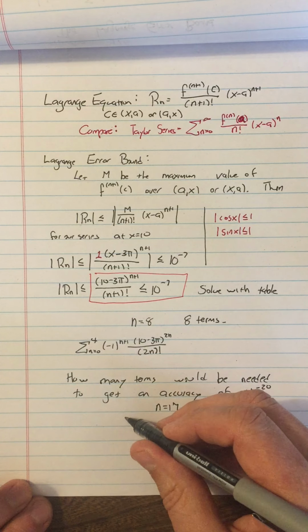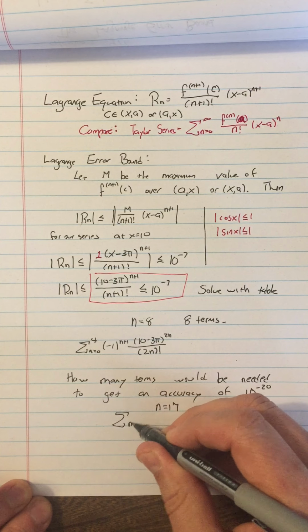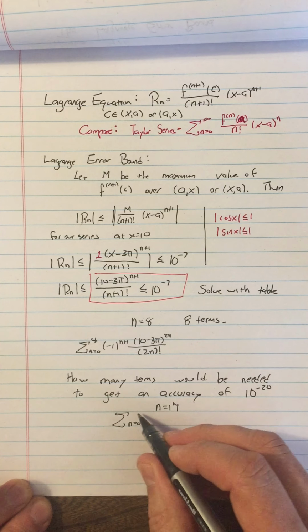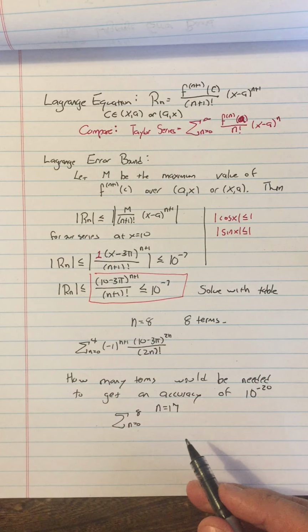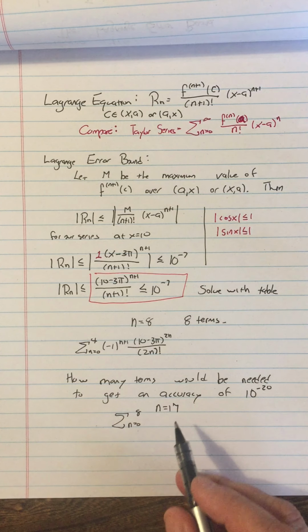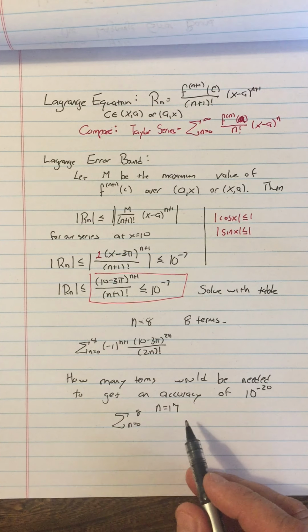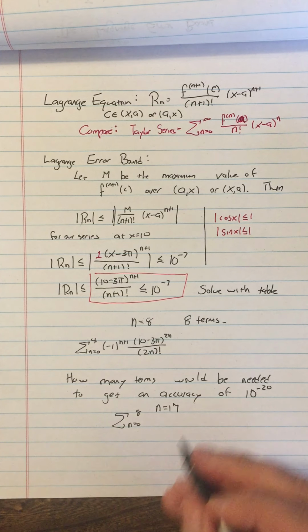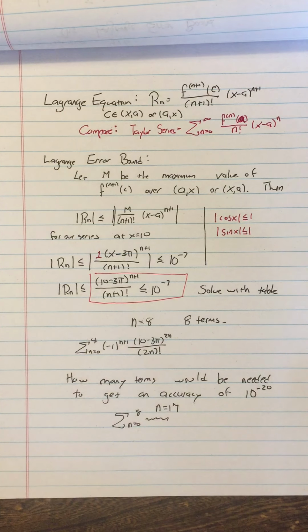So what we're going to actually use in the calculator is the sum n equals 0 to, round this down and take half of it, 8. And that's going to give us the 16th power. And that 16th degree polynomial is going to be equal to the 17th degree polynomial because the 17th degree term was 0.